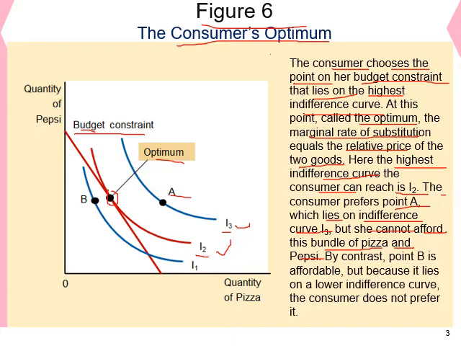By contrast, point B is affordable. Point B is on I1, but on the lower indifference curve, so the consumer does not prefer it, because I1 is lower than I2. The consumer would prefer the optimal point over point B.